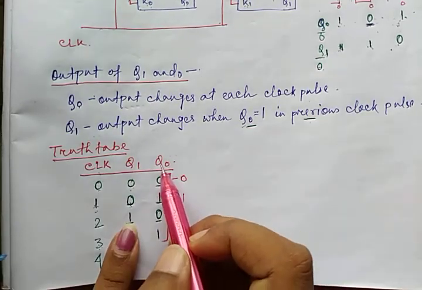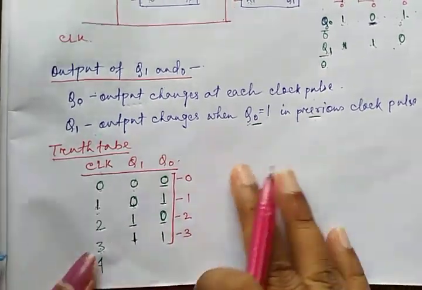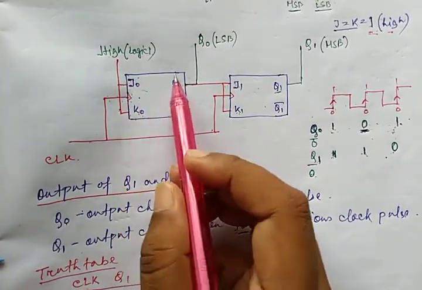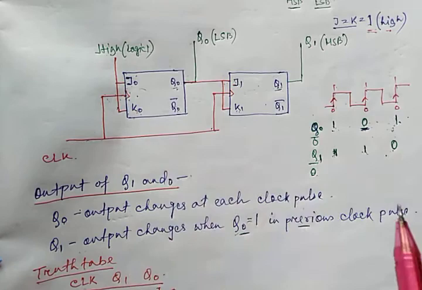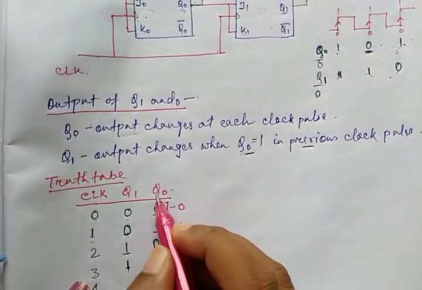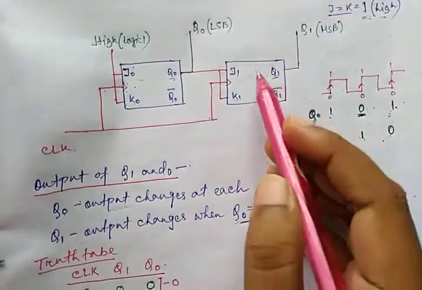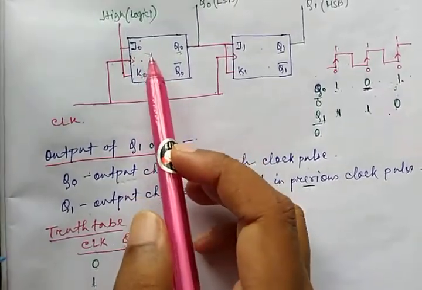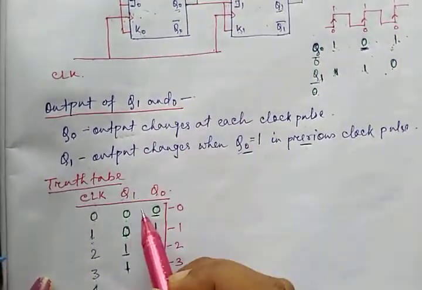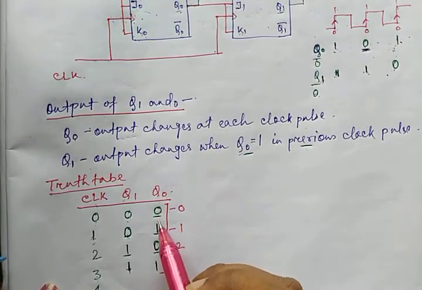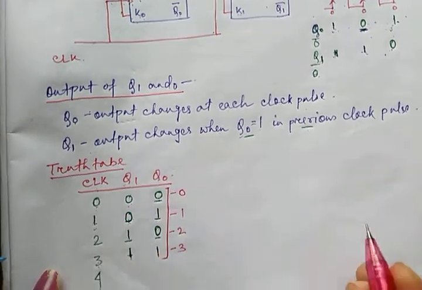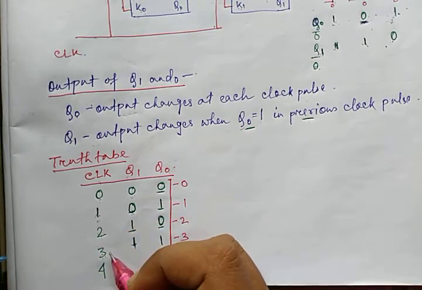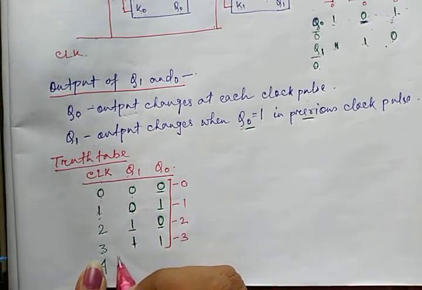As Q0 is the LSB, we know that in a counter the first flip-flop stores the LSB, so for that reason I have written Q0 on the right hand side and Q1 on the left hand side in the truth table. Although Q0 is on the first side, in the truth table it should be on the right side because it is the LSB. Okay, so we have already achieved this fourth state during these 4 clock pulses.